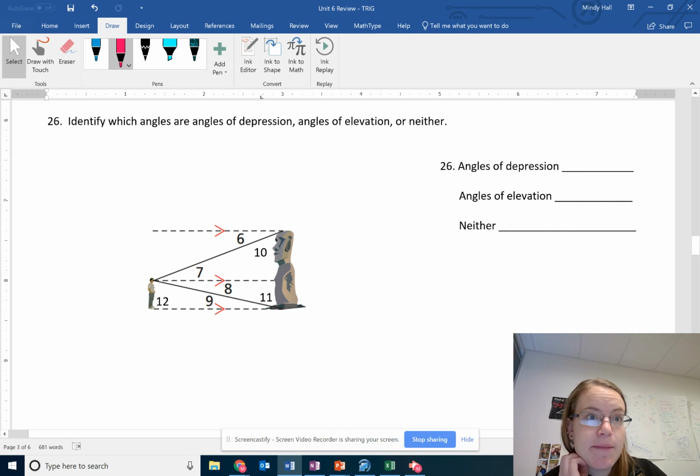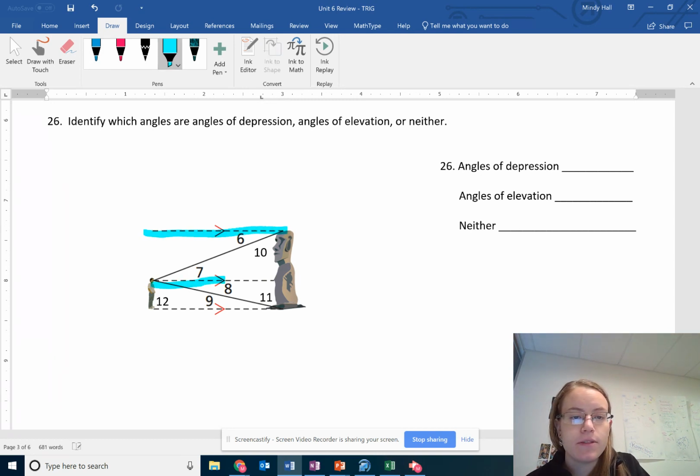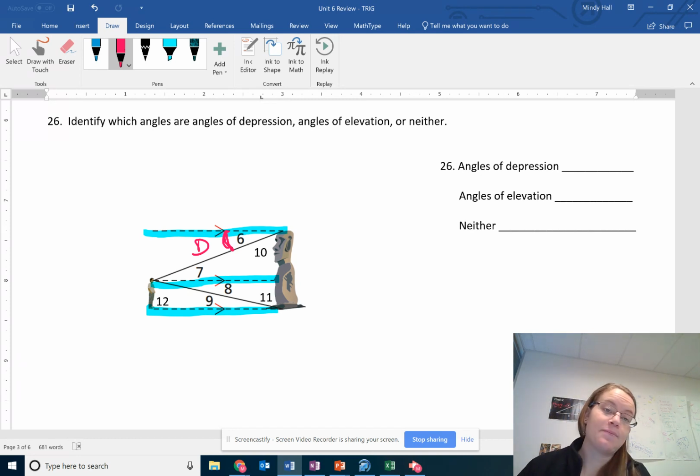So let me do this exact same thing. So angles of depression, looking at this, and I'm actually going to highlight our horizontals. Okay, so looking at this, angle 6 would be an angle of depression. We'll just do all the angles of depression first.